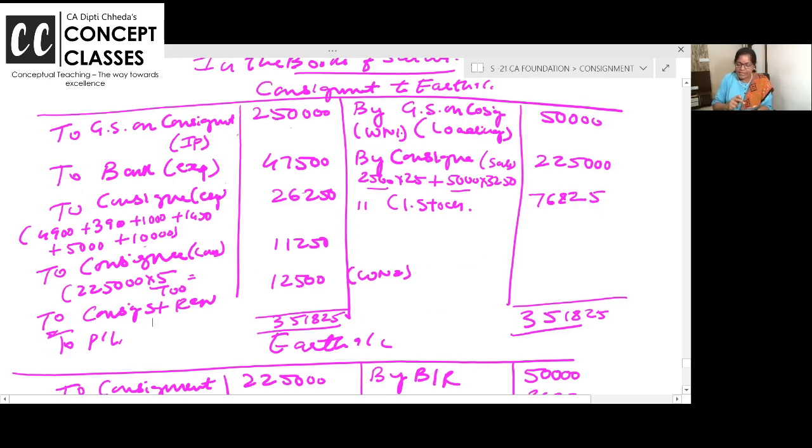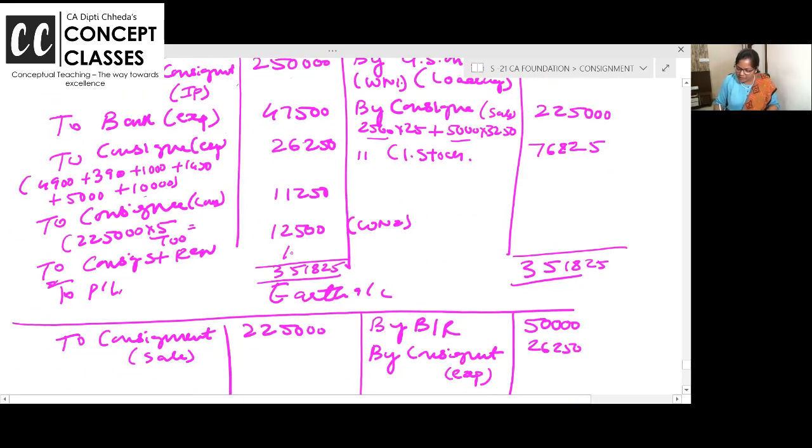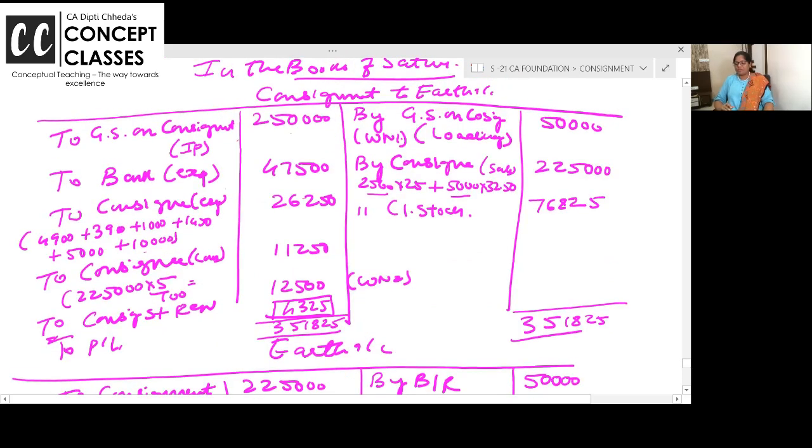Are you all calculating? Speed is important in exam, dear students. आप भी माइनस करो. आपका नेट प्रॉफिट कितना आ रहा है प्रोजेक्ट से? 4,325 is the net profit which you will transfer to PM. Completed. I will explain what new I have done in this problem.